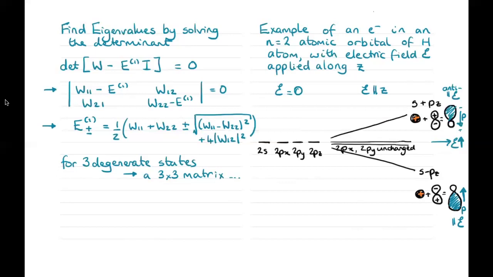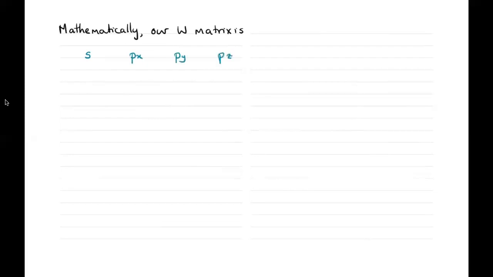Let's write that down mathematically. Our W matrix looks like this. So the basis for our matrix are our four orbitals that we start off with, s, px, py, and pz.